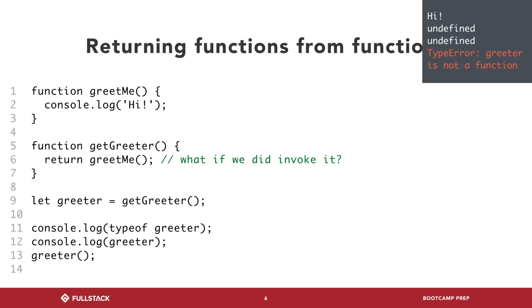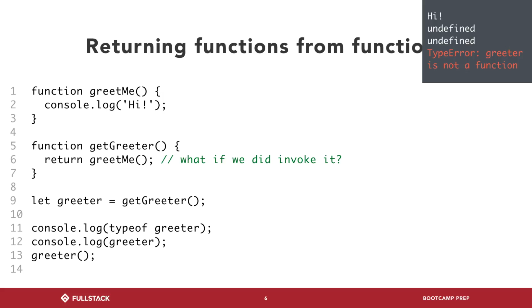But in order for us to know what we're returning on line 6, what do we have to do? How do we figure out what value gets returned on line 6? Call greetMe. Right, we invoke greetMe, right? And so on line 6, we're invoking greetMe first, seeing what it returns, and then returning that value.